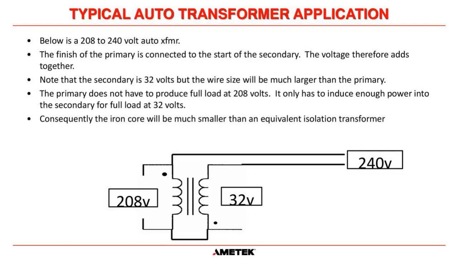It should be noted that the primary does not have to produce full power at 208 volts. It only has to produce full power at 32 volts. Consequently, the iron core in the auto transformer is going to be much smaller, which is why it's physically smaller. Again, auto transformers provide no isolation.